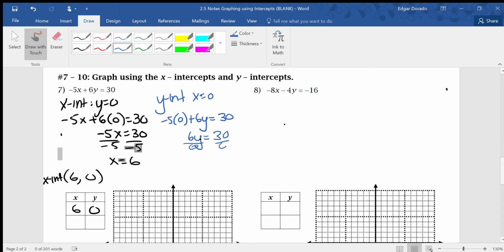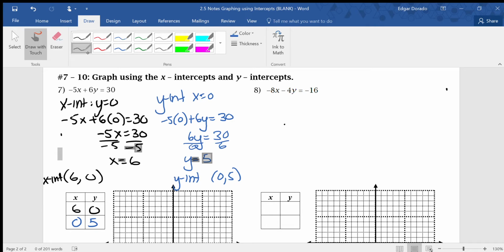Divided by 6, I get y equals 5. Okay, so my y-intercept is 0, 5. All right, let's go ahead and write that one down as well. So we get 0, 5.